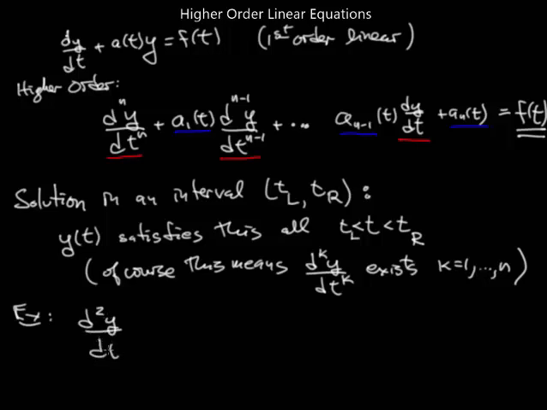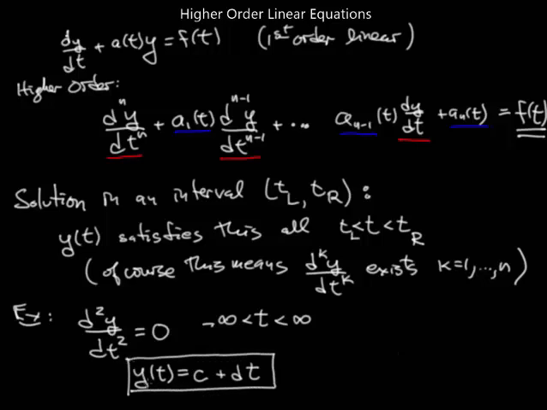And so, for example, suppose I gave you a very simple differential equation: the second derivative of y is equal to 0. Well, that's defined for t anything. And what's the solution? Well, the constant is allowed, but it could also have a linear function of t, d times t.